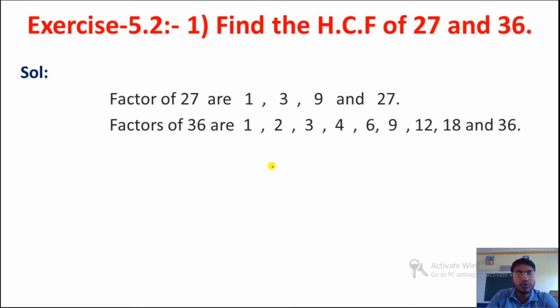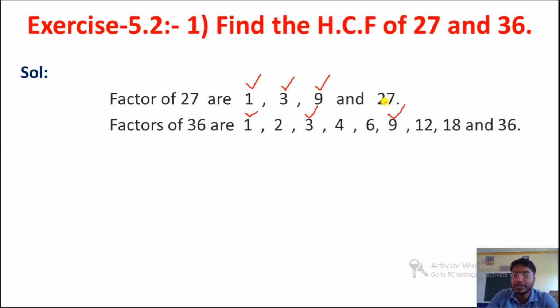Now we have to see the common factors in both. So 1 is common. Here you can see 1 is here also. Then we have 3, so 3 is here and 3 here also. Then we have 9, so 9 is present here and here also. So 9 is common in both.